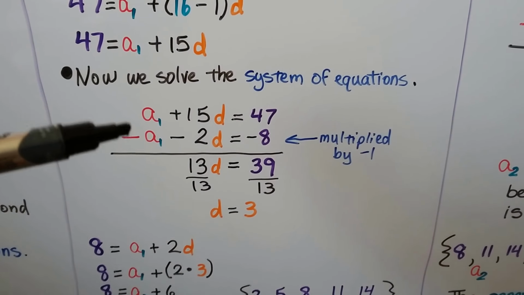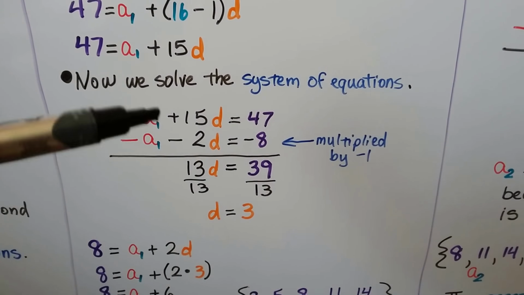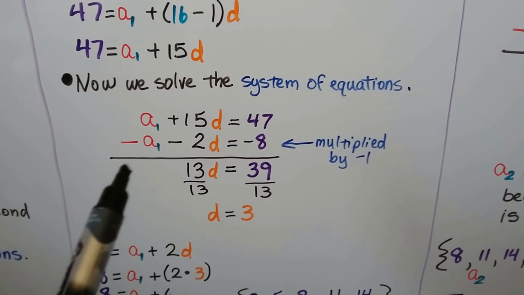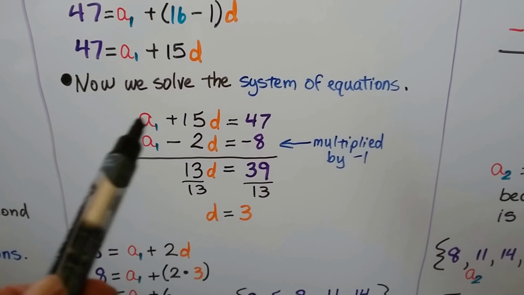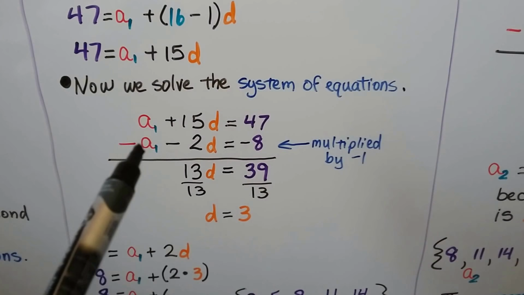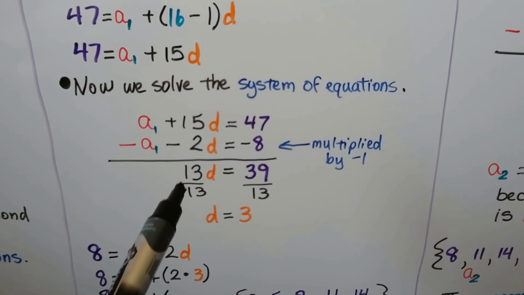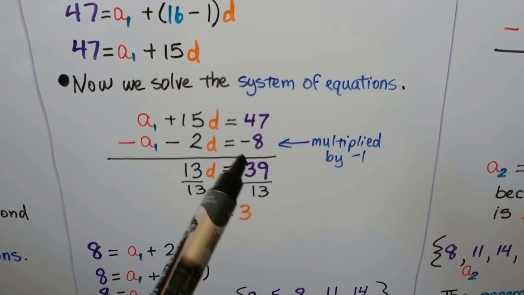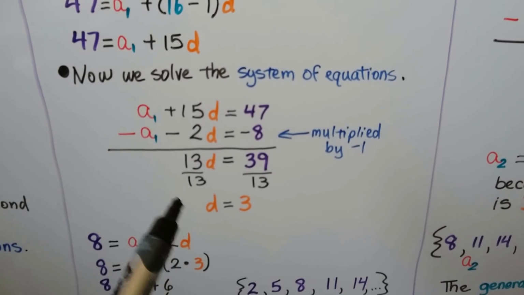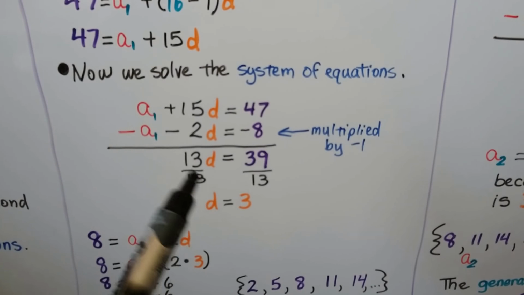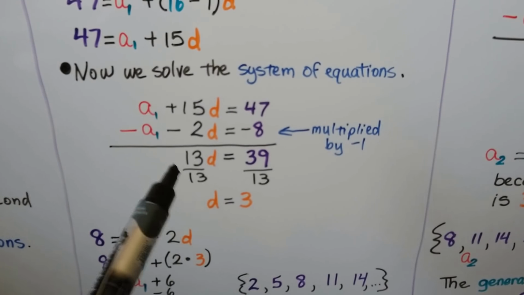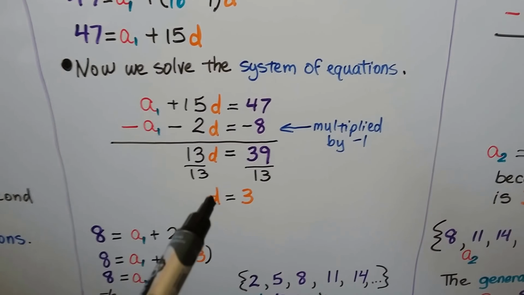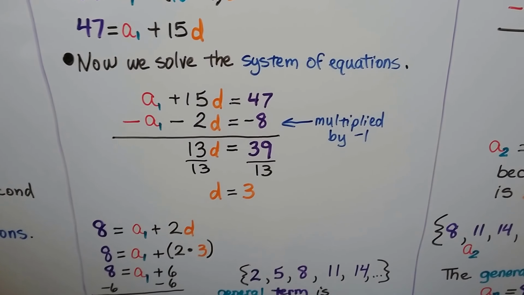We're going to multiply this one by a negative 1 so that we can subtract it. And this makes a 0 pair, doesn't it? It cancels out. Okay? 15 minus 2 gives us a 13d. And then over here we have a 39. So now we know 13d equals 39. We can divide both sides of the equal sign by a 13 and solve for d. We get d equals 3.